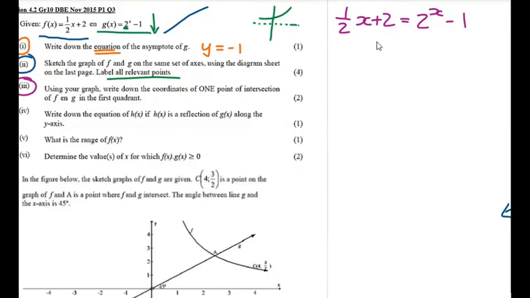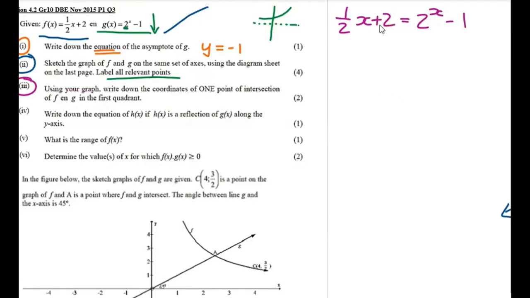This is one that's going to be difficult for us to solve because we've got an exponential and we've got something there. So we're going to have to fiddle and use a little bit of intuition. That's one of the reasons why they said using your graph. And it's also one of the reasons why it's only 2 marks.